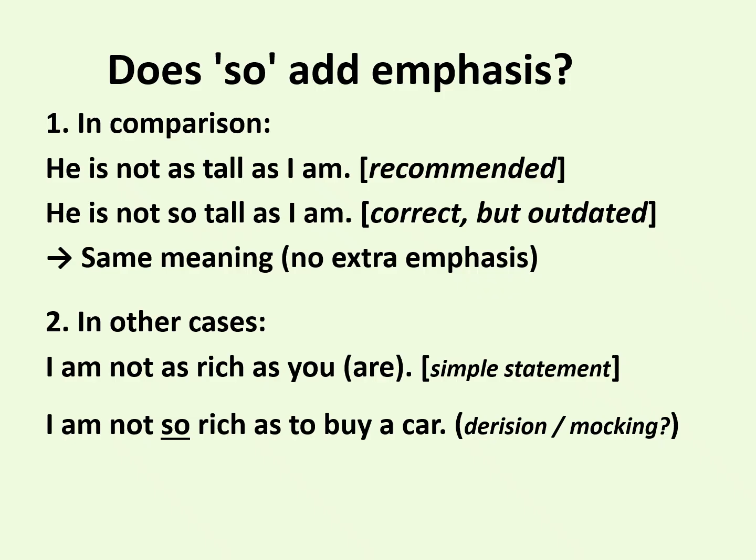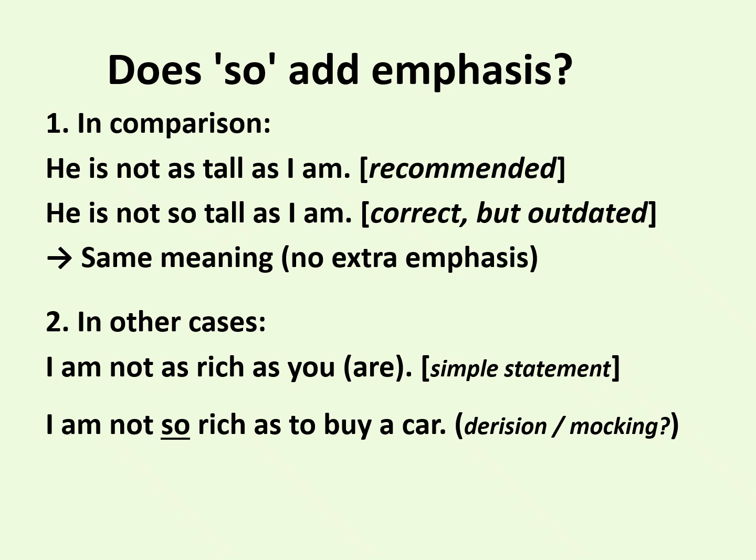But in normal grammar, particularly in school grammar when you're writing, whether you write so or as, both mean the same thing. But as tall as is a modern English recommendation. So tall as is outdated, obsolete. The word so does not add any extra emphasis.